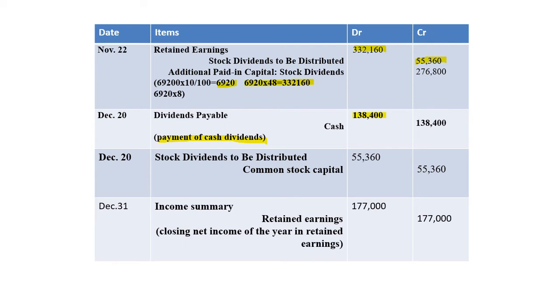And the last journal entry, usually on December 31, is to close the net income of the year in the retained earnings. See the difference between retained earnings in the credit and retained earnings that used to be in the debit. Retained earnings in the debit is retained earnings out. Retained earnings in the credit is retained earnings coming in. So the net income at the end of the year goes inside the retained earnings.